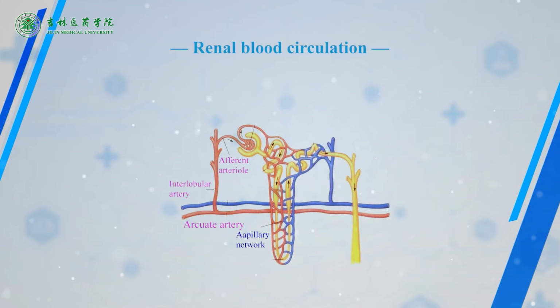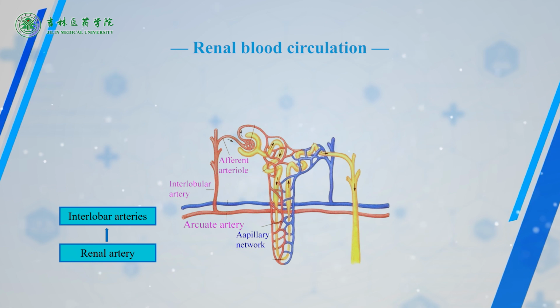Let's look at the renal blood circulation. The kidney receives blood from the renal artery, which branches to form interlobar arteries. At the level of the corticomedullary junction, the interlobar arteries form the arcuate arteries.